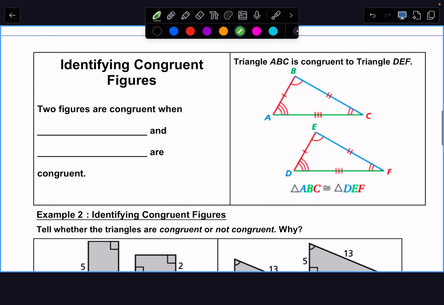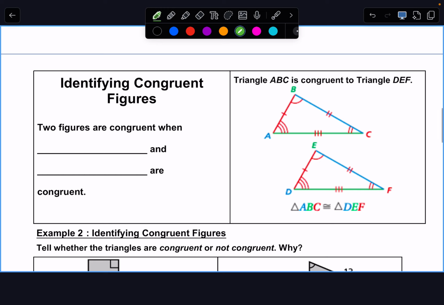Okay. So if I tell you that two figures are congruent, then we know they're the same size, the same shape. And more specifically, we know that our corresponding sides and our corresponding angles are going to be congruent.